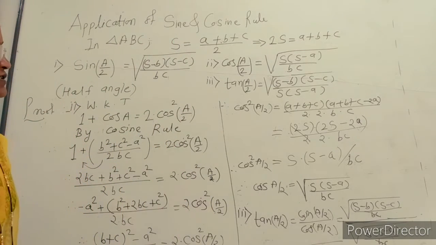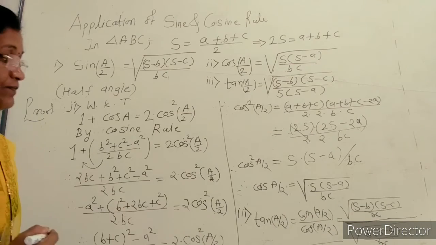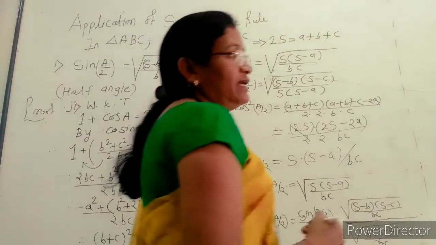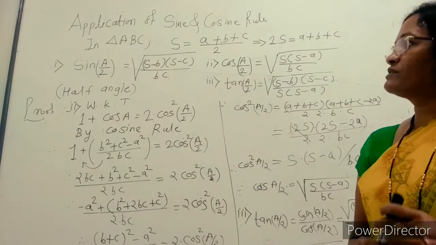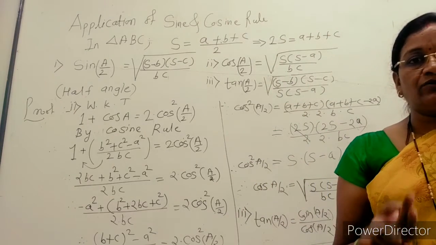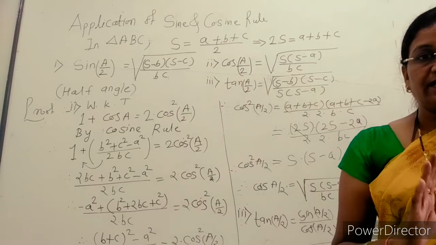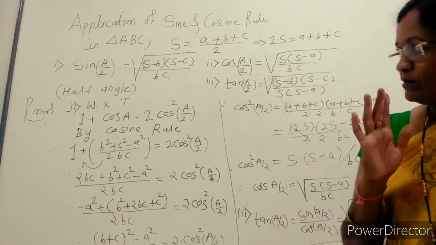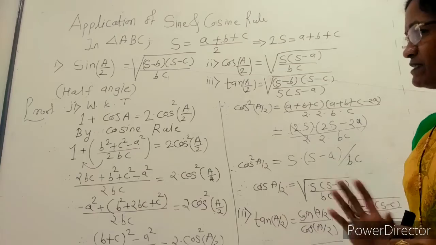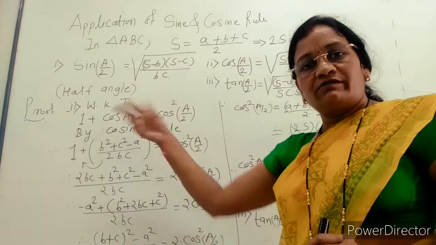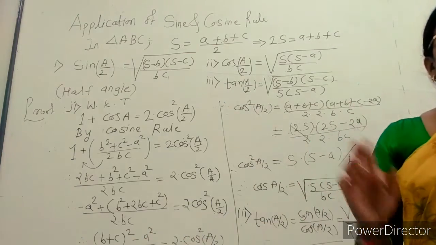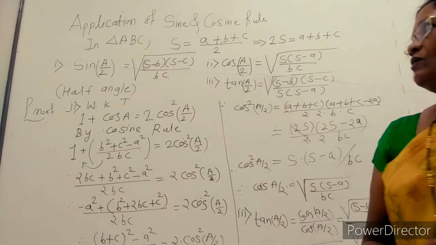So by using the cosine rule, we proved these three half angle results: sin A by 2, cos A by 2, tan A by 2. Similarly, we prove sin B by 2, cos B by 2, tan B by 2, sin C by 2, cos C by 2, and tan C by 2. Only you can take the symmetric result, and the change is that with the help of 1 minus cos we find the result of sin, and with 1 plus cos we find the result of cos.